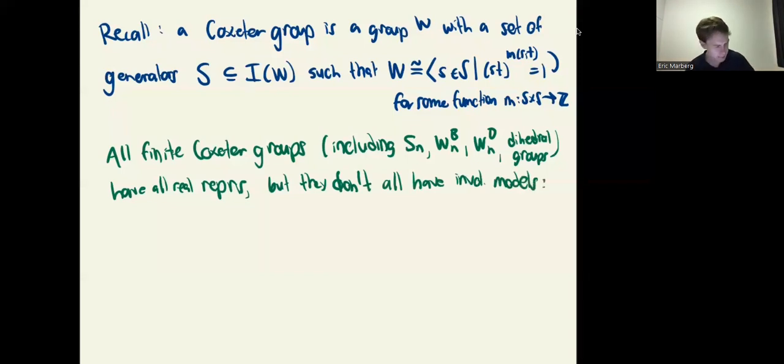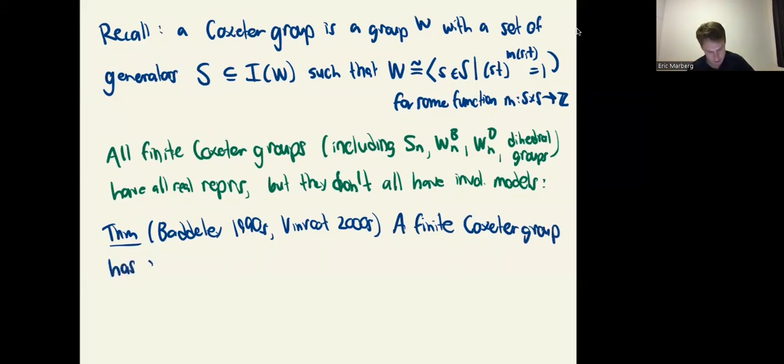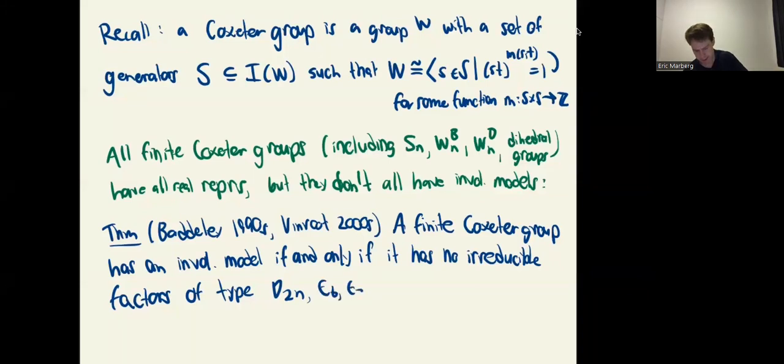In fact, there is an explicit classification due mostly to Baddeley from the 90s, and then extended from Weyl groups to Coxeter groups by Van Ruth in the 2000s, that says that a finite Coxeter group has an involution model if and only if it has no irreducible factors of type D2n, E6, E7, E8, F4, or H4.